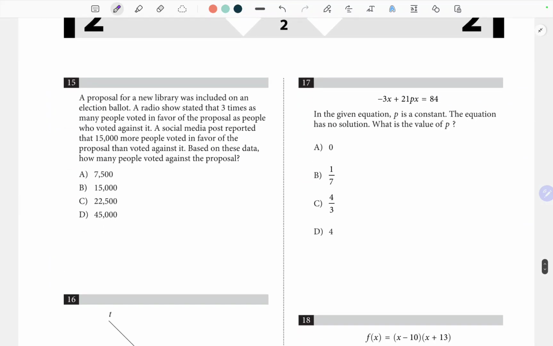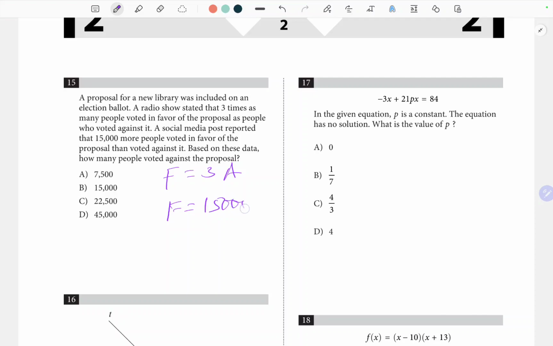Now question 15. A proposal for a new library was included on an election ballot. The radio show stated that 3 times as many people voted in favor of the proposal as people voted against it. So favor is 3 times against. A social media post reported that 15,000 more people voted in favor than against.